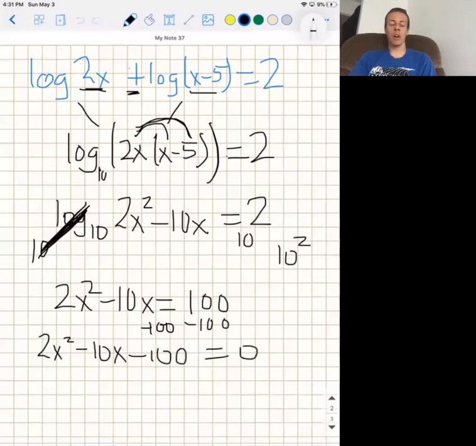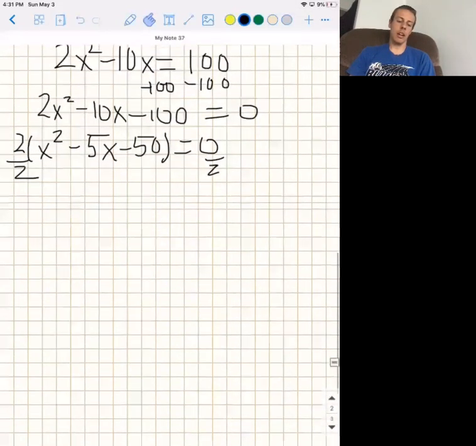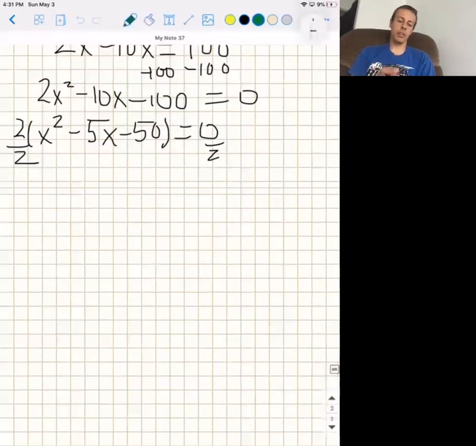I notice that they are all even, so I'm going to factor out a 2 and say this is x squared minus 5x minus 50 equals 0, and you can actually divide off the 2. Just a reminder of how we solve quadratics: what are some factors of negative 50 that add up to negative 5?